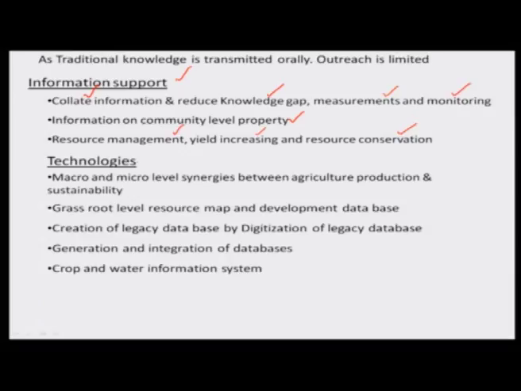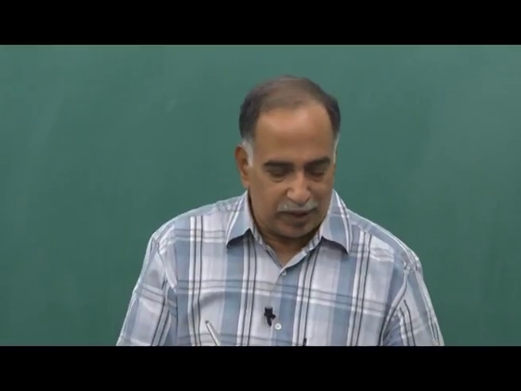Now, what are the different technologies available for us to do this type of job? Macro-level as well as micro-level synergies need to be understood. There should be a pyramid, with all the villages and village practices at the bottom and decision making at the top of the pyramid.